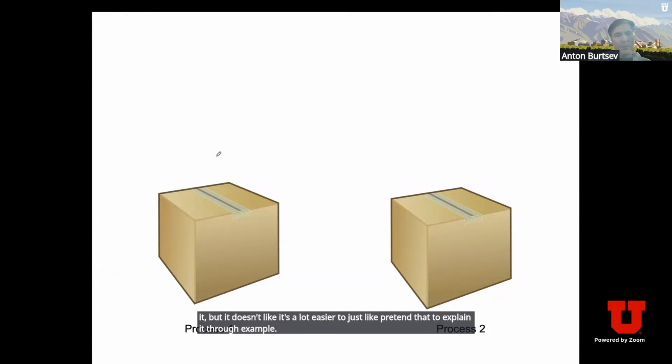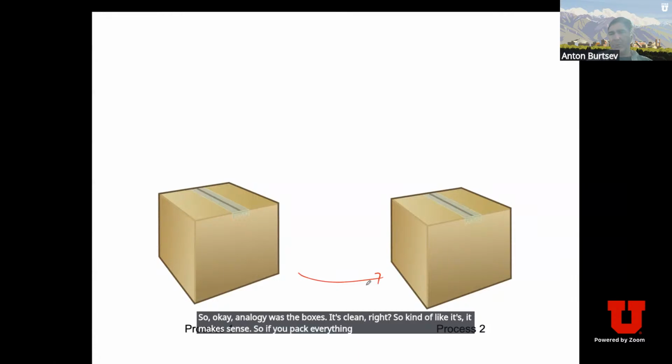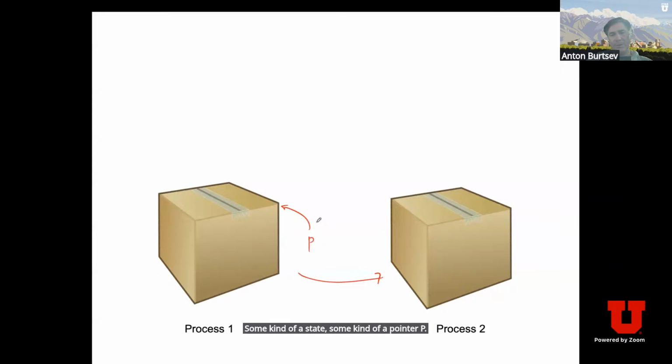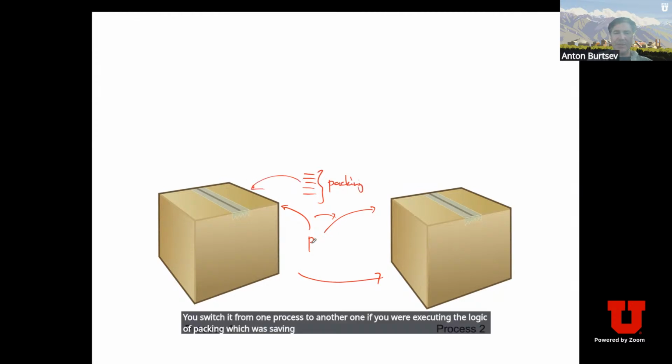So, okay, the analogy with the boxes, it's clean, right? It makes sense. If you pack everything, within one instruction, roughly speaking, you can think of it as a pointer. There will be some kind of state, some kind of a pointer P. You switch it from one process to another. If you were executing the logic of packing, which was saving the state of this process, you do a switch of a pointer, then you start executing the logic of unpacking.